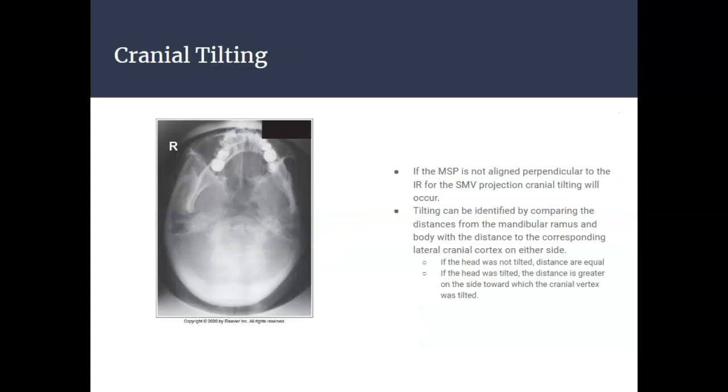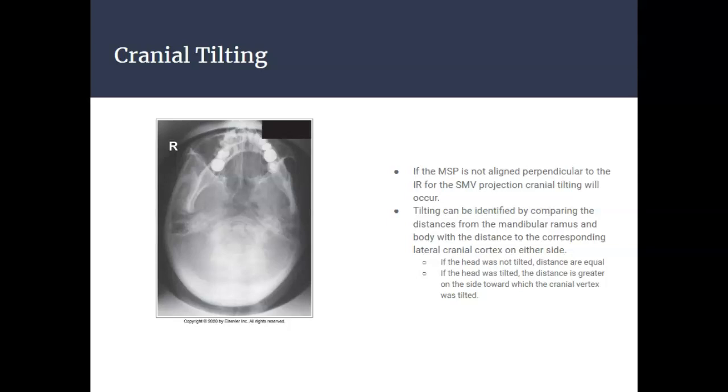So let's talk about cranial tilting in the SMV projection. Cranial tilting occurs in the SMV projection when the mid-sagittal plane is not aligned perpendicular to the IR. This, like I said, results in cranial tilting.